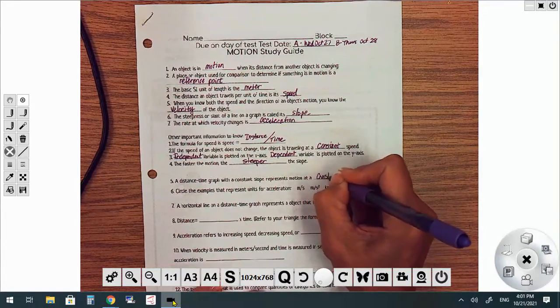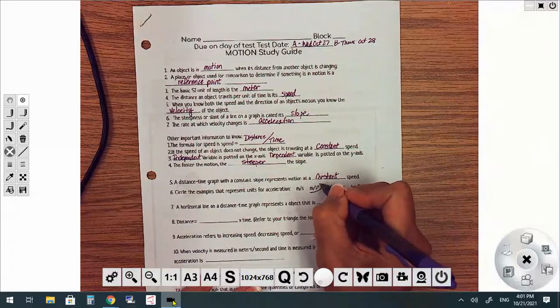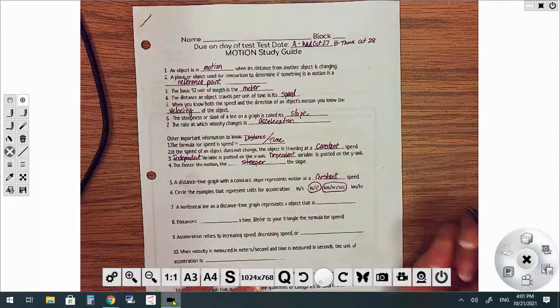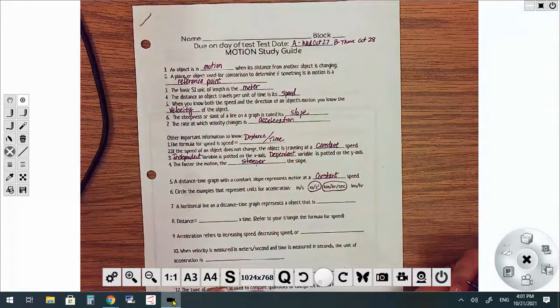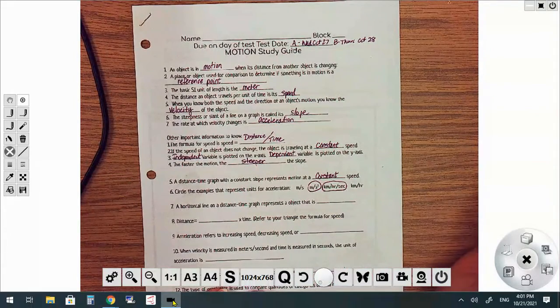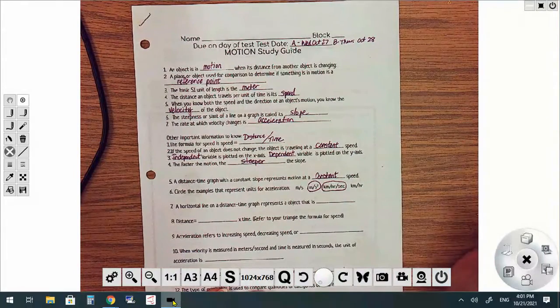Constant speed. 6, circle the examples that represent units for acceleration. All right, that is right. Meters per second squared and kilometers per hour per second are acceptable units for acceleration. The other two are speed units, because speed is distance divided by time.